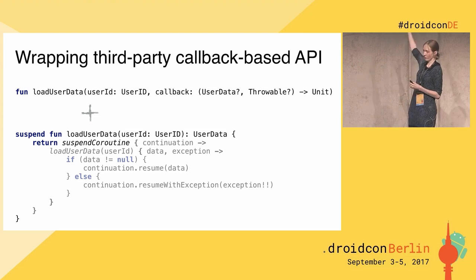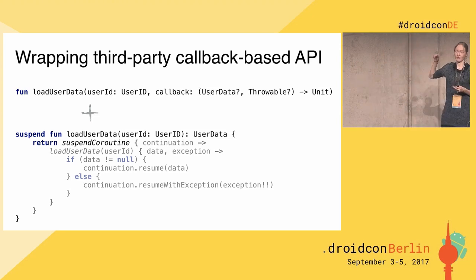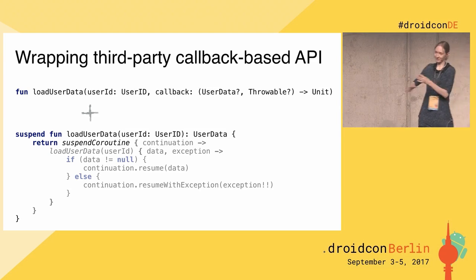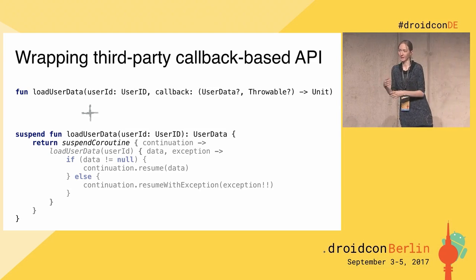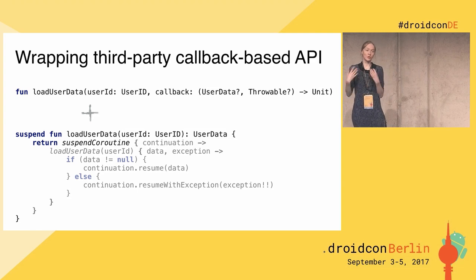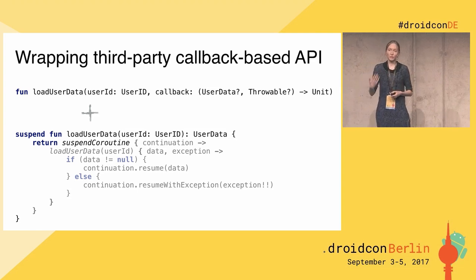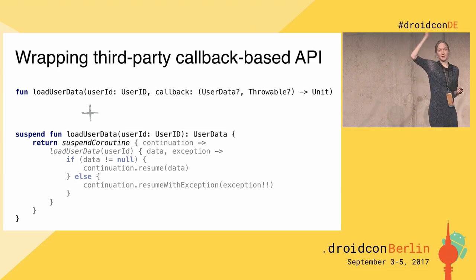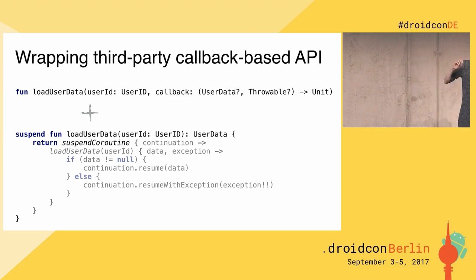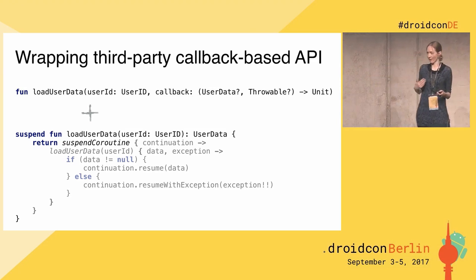I don't want to dive into details of how it's implemented. You can just research it and think about it for a while. But the idea is that it's doable, it's just a pattern, a template that you can follow, and you can work with all these third-party APIs using suspend functions.